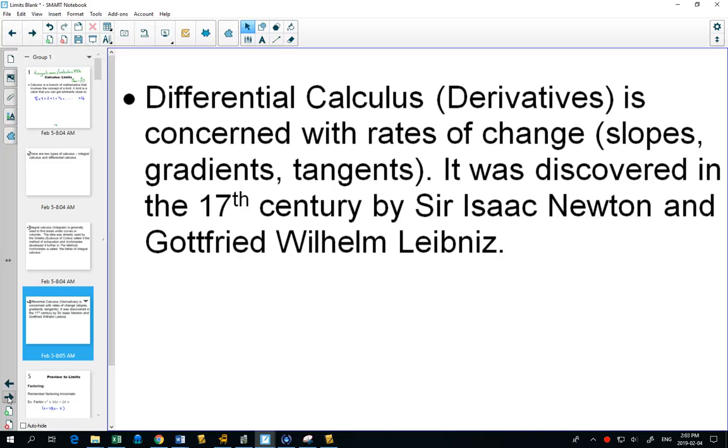Now, historically, if you were taking calculus in the English-speaking world, all the calculus books would have said Newton discovered calculus, because Newton was English. And if you had any German textbook and you were learning calculus in Germany, it would say Leibniz discovered calculus.